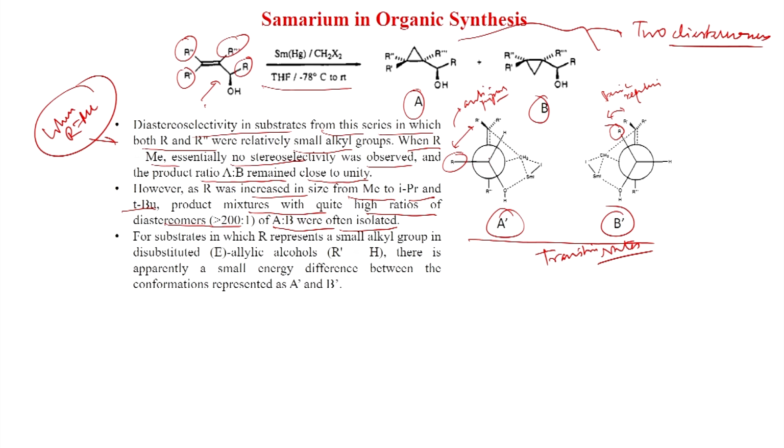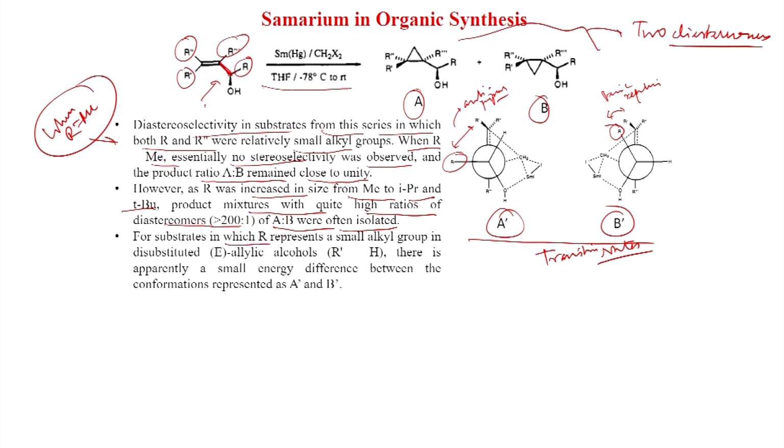If you see carefully, we are looking at this carbon-carbon bond, and then we have drawn this Newman projection. Here also you can see this OH binding with samarium, and CH2I2, that CH2 is connected with samarium as well as this I, and now this carbenoid making the cyclopropanation is reacting with this double bond.